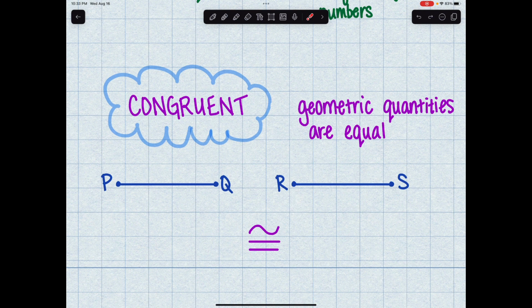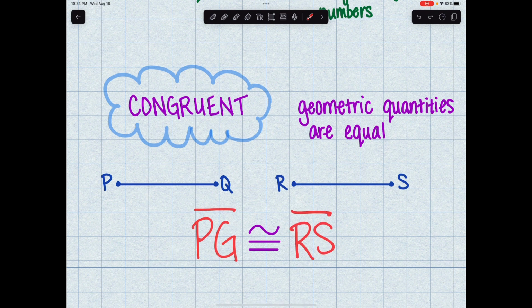So you could say segment PQ is congruent to segment RS. This indicates congruence: the equal sign with the wavy line over it means congruent.